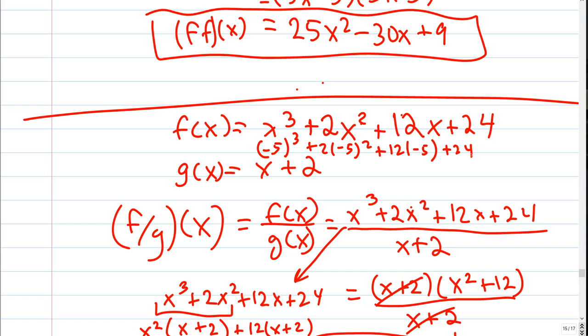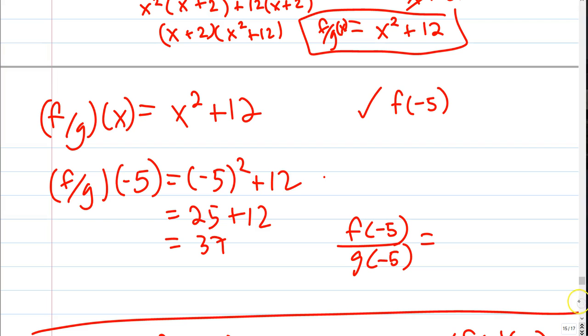So that would be negative 125 plus 50, minus 60 plus 24. So I got negative 111, I believe. That doesn't seem quite right, but we'll see.